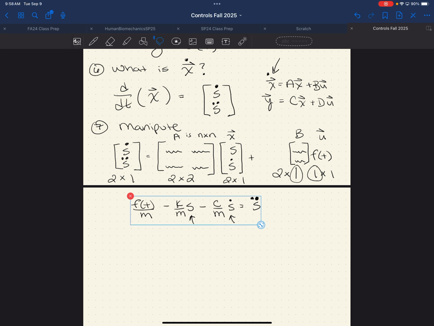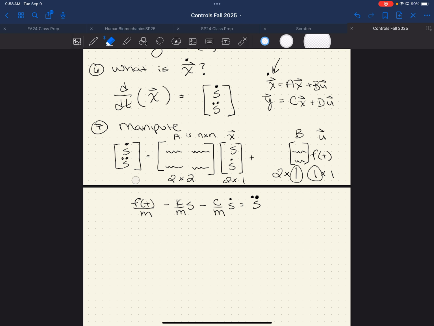Paste. Okay, so we have one equation of motion. What can you tell me about this top row equation?